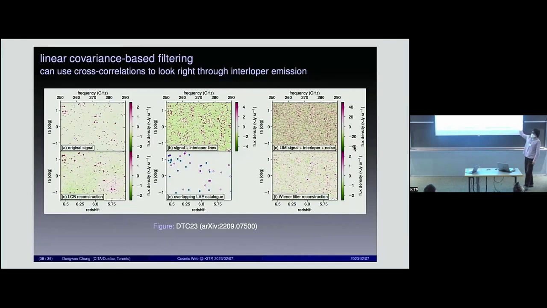So a Wiener filter reconstruction, for example, would not recover the signal or the integral over lines. But you can try covariance-based filtering against, say, a Lyman alpha emitter catalog that's in the same volume, and you can recover the original signal a lot better that way. So there are lots of different strategies, and I think there's a lot of promise in being able to get past this problem.